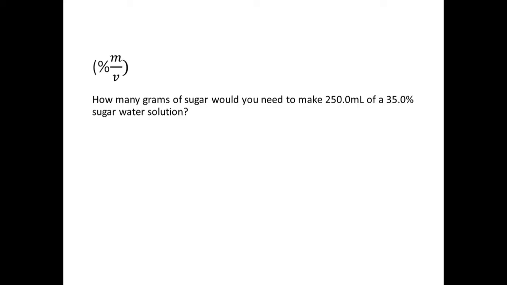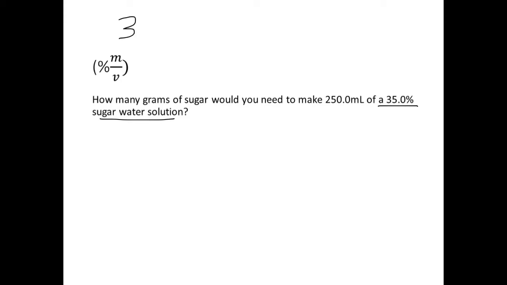All right. How many grams of sugar do you need to make 250 milliliters of a 35% sugar water solution? In this scenario, they've given us a percent. Remember what Chemistry Cat says. If it's purring at you, you can use it as a unit conversion.